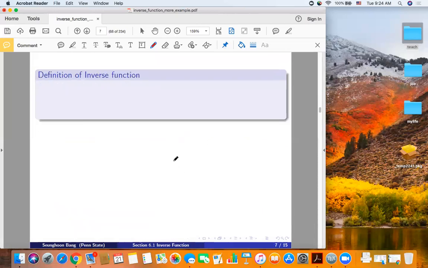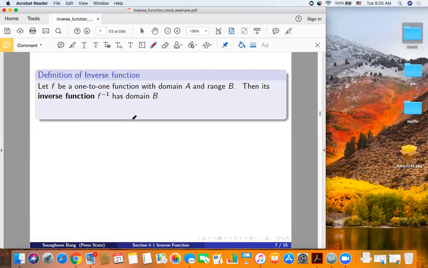The definition of the inverse function. Let f be a one-to-one function with domain A and range B. Then its inverse function, with the notation f to the minus 1, has domain B and range A, as defined by the inverse of f of y equals x, equivalent to f of x equals y.